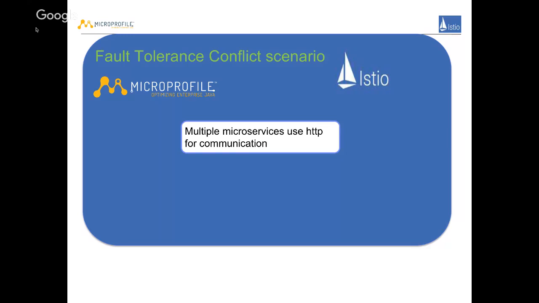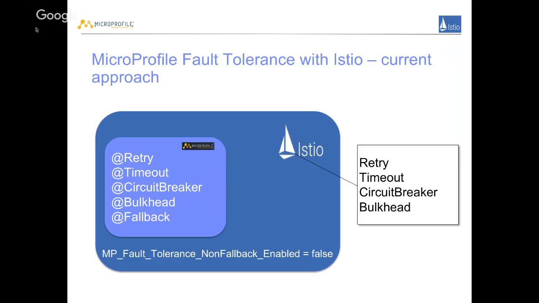If you also configure Istio to do the retry, you will end up doing multiple retries. However, when we designed MicroProfile fault tolerance, we considered this service mesh Istio capability.